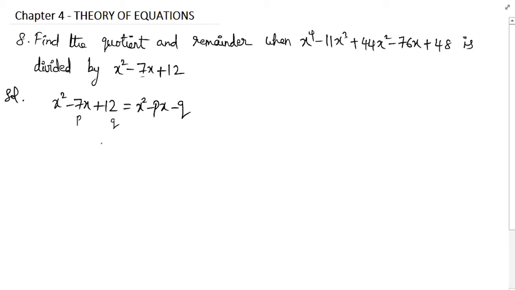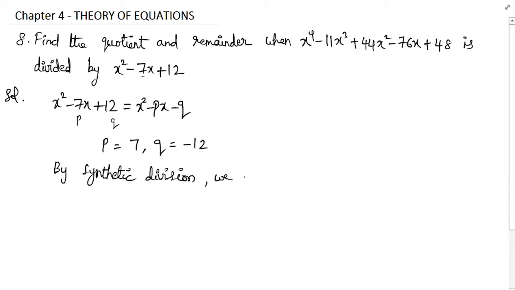So p will be equal to 7 and q will be equal to −12. Now, by synthetic division, first we'll write the coefficients 1, −11, 44, −76 and 48.